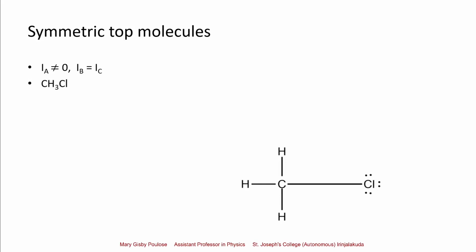Now, the next type of molecules are the symmetric top molecules. Here, the principal moments of inertia are related as IA is not equal to 0, whereas IB is equal to IC. One of the examples is the CH3Cl molecule. Here, we have the carbon atom and the hydrogen atoms attached to the carbon atom.